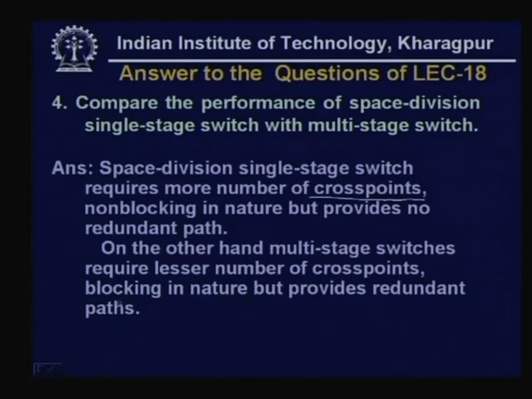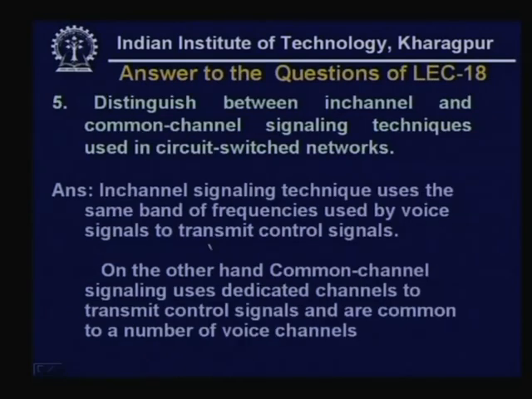The multi-stage switches can be blocking in nature, but provide redundant paths. So, you see there are advantages and disadvantages. Here you have got more cross points, here the number of cross points is less, here it is non-blocking, here it is blocking, here there is redundant path, here there is no redundant path. So, you see there are advantages and disadvantages in both the cases.